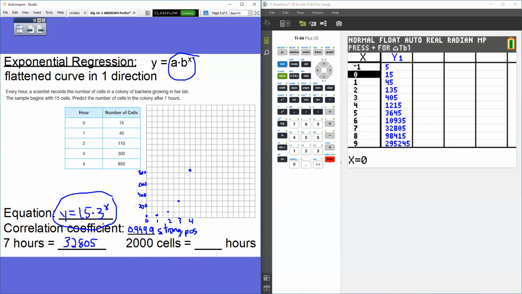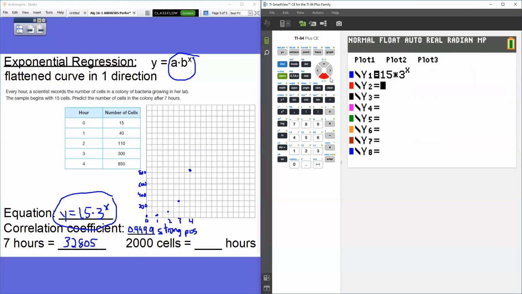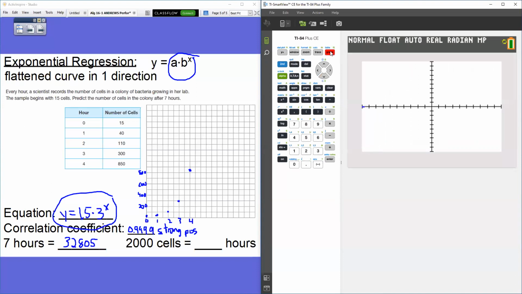If they asked you to predict, for 2,000 cells, how many hours it would be, you can sort of guess right here that it's in between 4 and 5. If you look at the numbers 1,200 and 3,600, it has to be in between 4 and 5. But the way that you actually could do it would be to type in y equals 2,000, hit graph, so that we're graphing the exponential curve like that, and we're graphing the line.